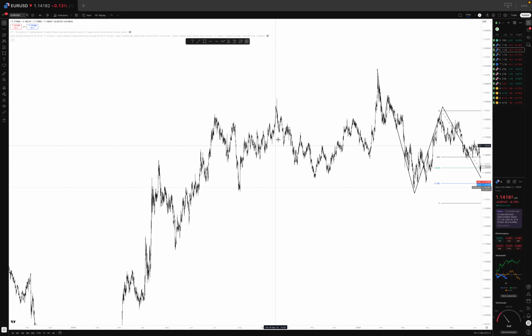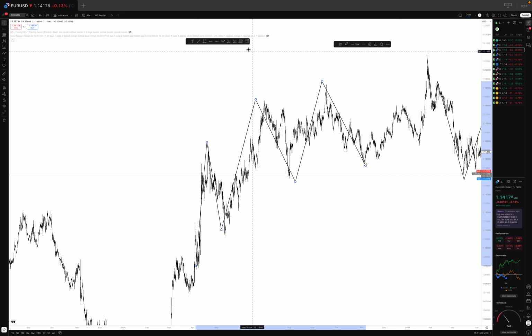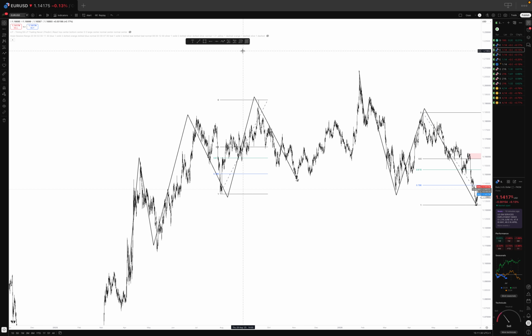Same thing happened around this area. Price was moving from a low to a high, a low, a high, a low, a high. And when it gets to the 50%, if I was in the past right here and I do my fib, I was waiting around here, then the price action gives us a confirmation, an internal change of structure, then moves on from this low to this high.